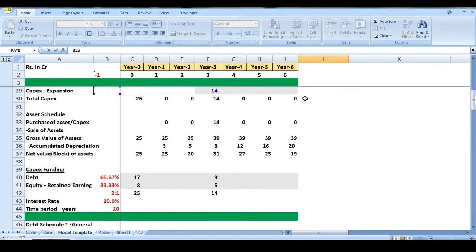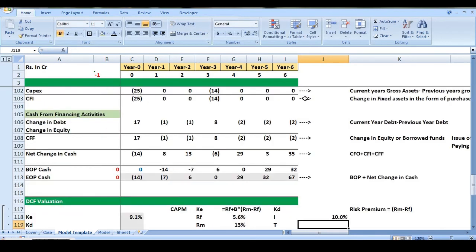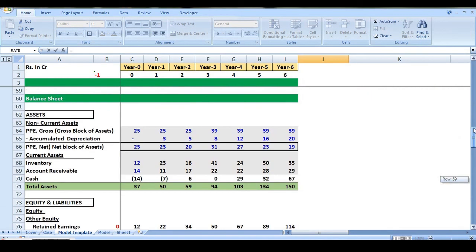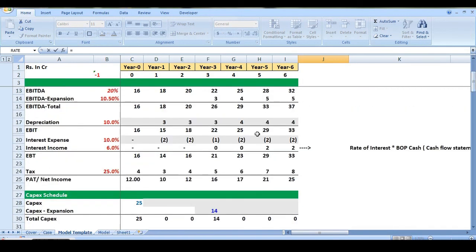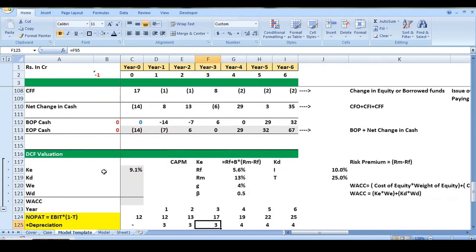Interest expenditure value 10% and the tax value also from the income statement, wherein we have calculated tax as 25%, and now we can calculate the cost of debt as equal to interest into 1 minus tax rate.